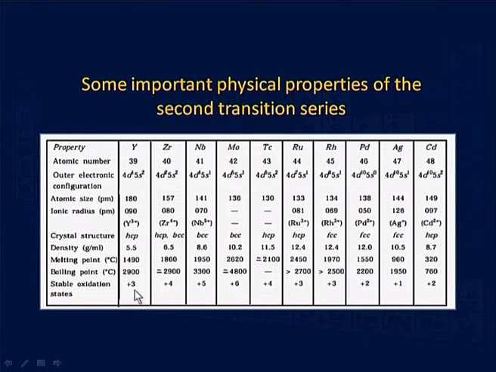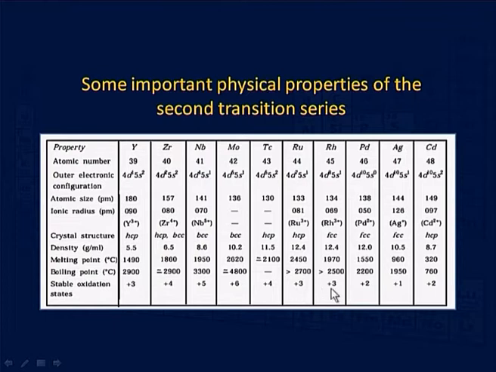Although let me remind you here that these metals exist in variable oxidation states, and one metal may possess more than one oxidation state, but the stable oxidation state is also depicted in the table. You will see that some, like zirconium, can have +4 oxidation state.